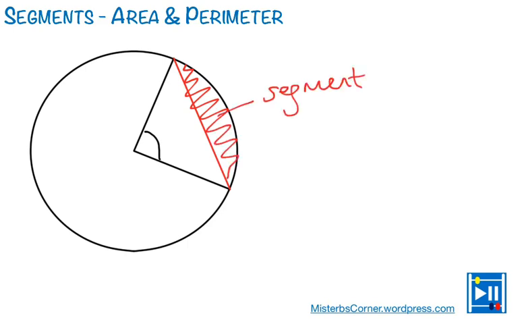Now certainly you can calculate the area and the perimeter of a segment. Now we may end up with formulas, but basically if you think carefully you can figure out the area and perimeter on your own. So let's work on this.